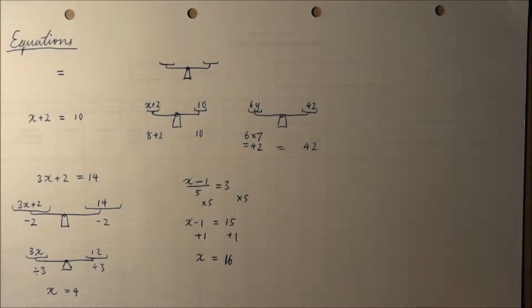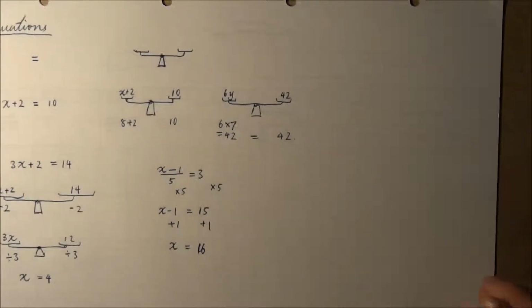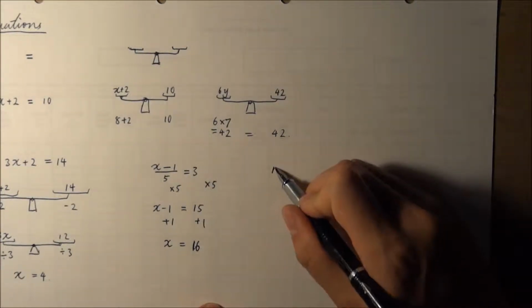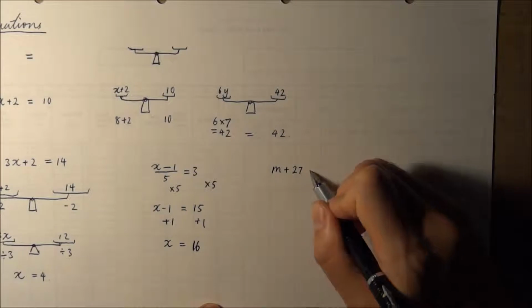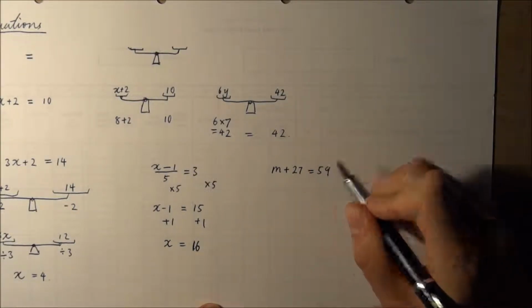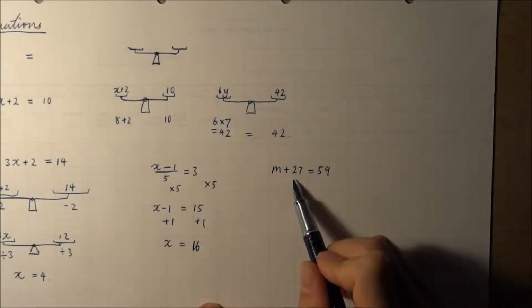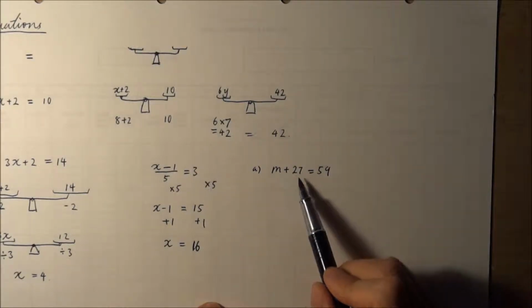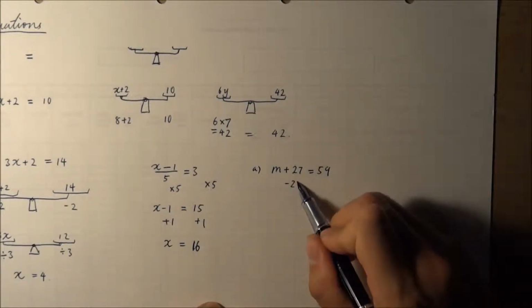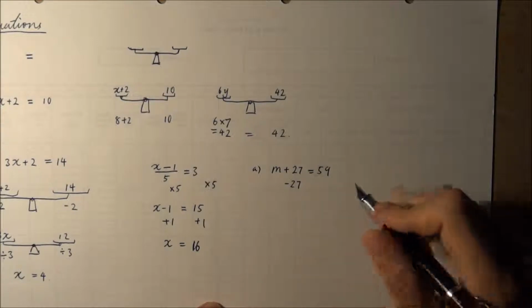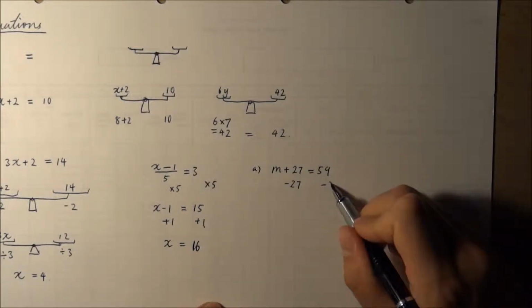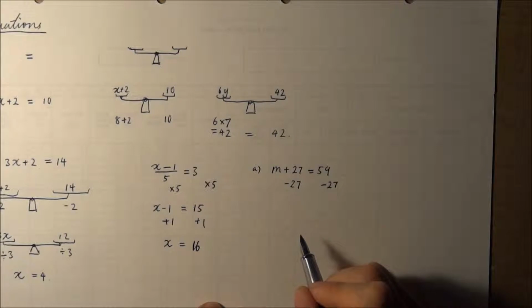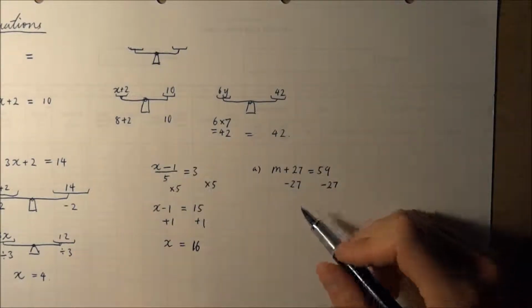Let's try a few more examples. For example, say m plus 27 equals 59. We undo the plus 27 by minus 27. And once again, we have to apply it to the other side to ensure that the equation remains in balance.